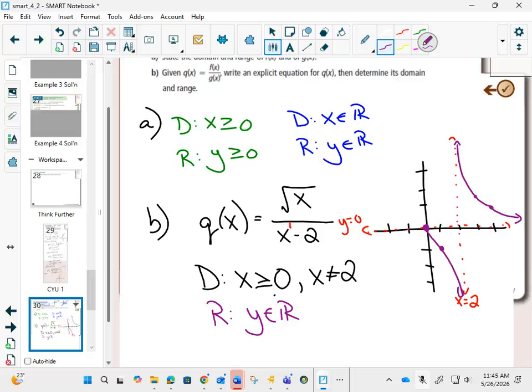But it touches 0 here. It's so difficult to understand, and tempting with that horizontal asymptote to think y can't equal 0.